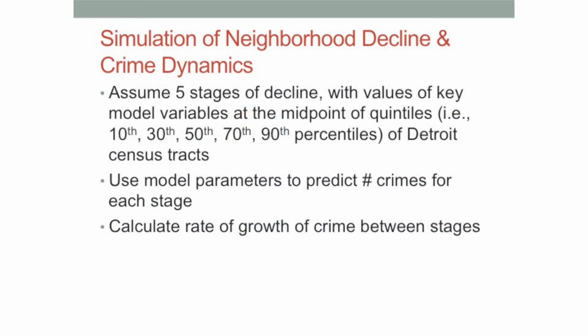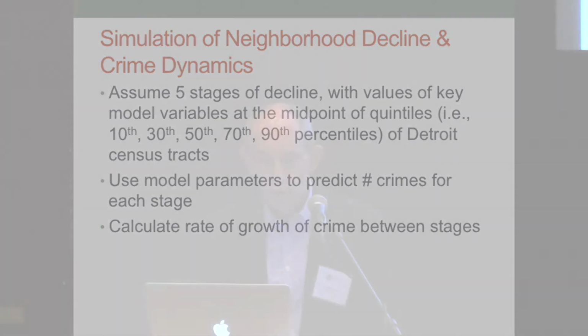Then what we do is we try to take our empirical results and see what it means for a stylized neighborhood that goes through the classic 5 stages of decline. And so what we do is we take quintiles of Detroit neighborhoods from the strongest to the weakest, and we take the values of all of the explanatory variables in our model for the midpoint of the quintile that that particular kind of neighborhood is in, and then we predict for that particular hypothetical neighborhood, for that quintile, what the crime rate is going to be.